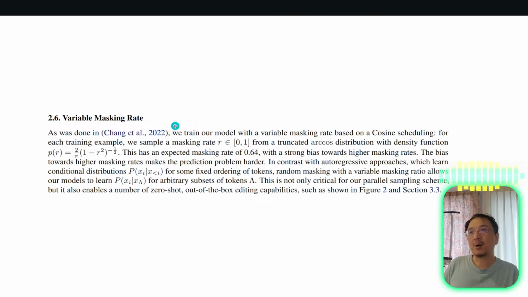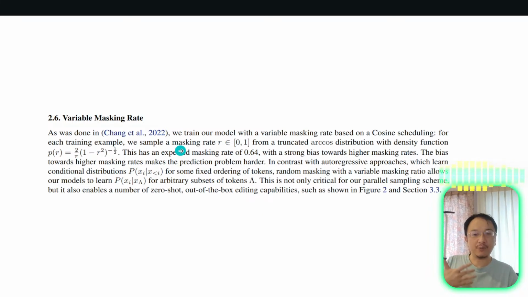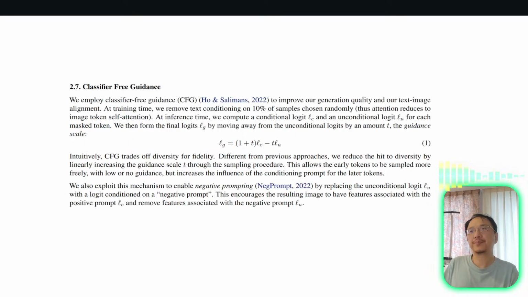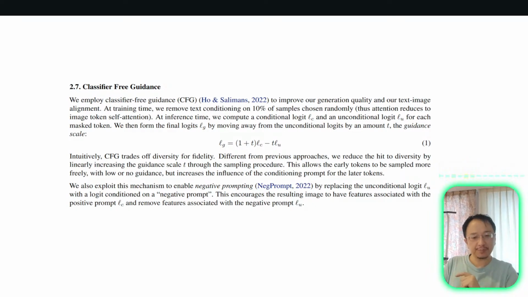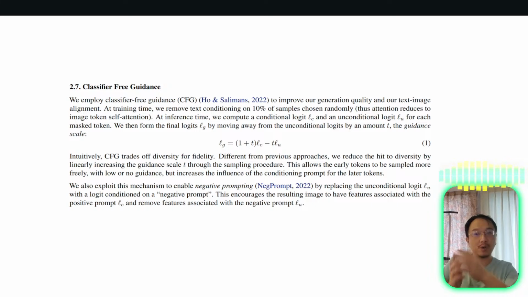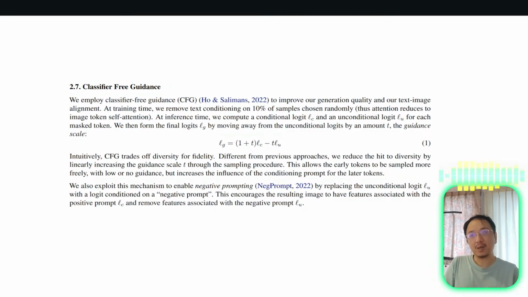And it used the variable masking rate, like I have discussed before. This is also very important for these masked autoencoder style models. And it used classifier free guidance. I think this section in the paper serves as a good example of showing how we transfer a method from one algorithm into another, because the original classifier guidance method is applied to diffusion models.